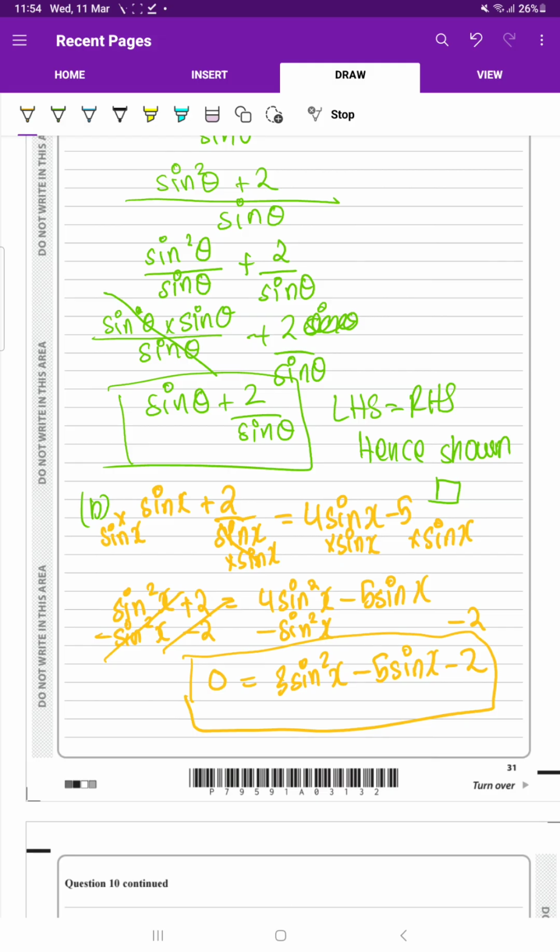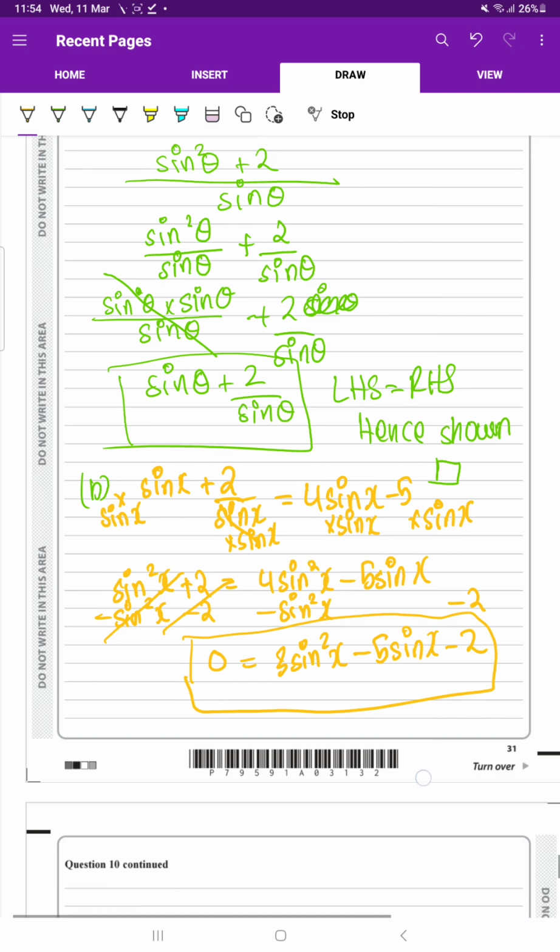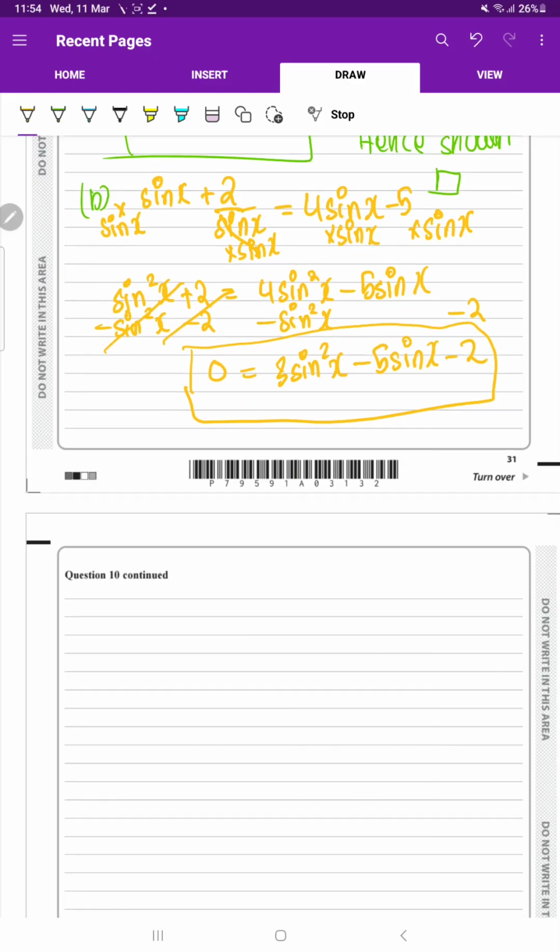Let me go to my calculator and just solve it. You can use the quadratic formula as well, but I will use factorization. If this is quadratic, to make things a bit easier, what you can do is let sine x equal y.